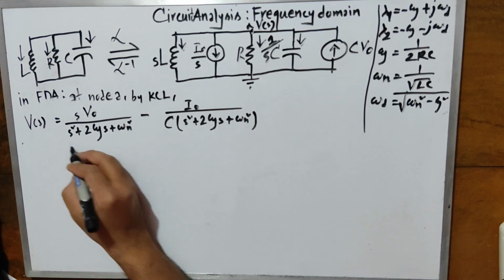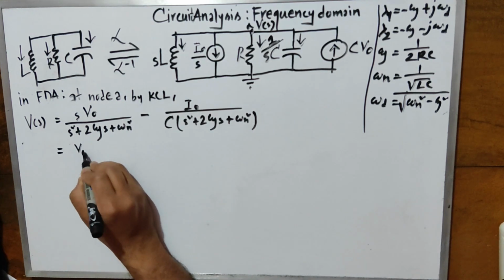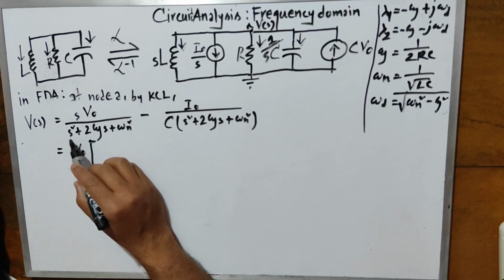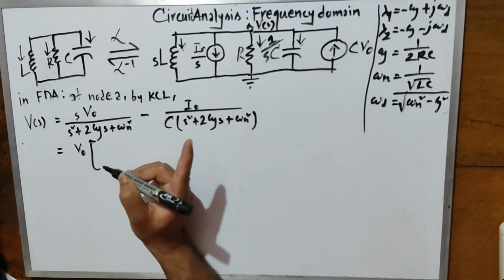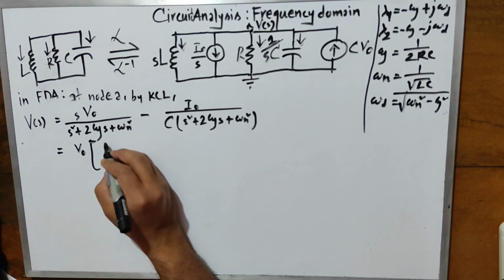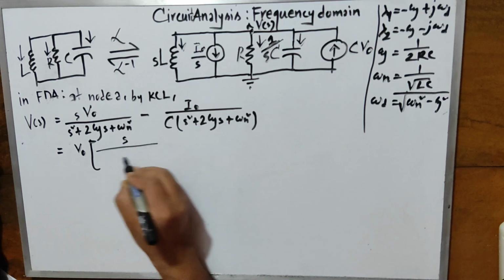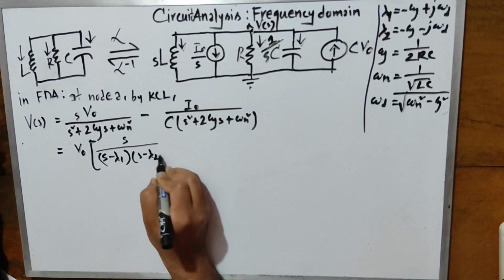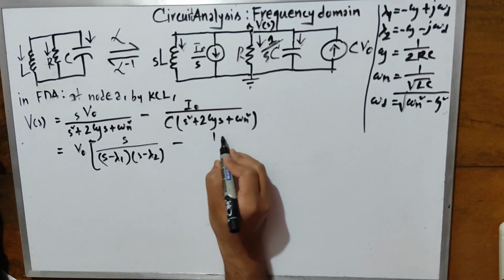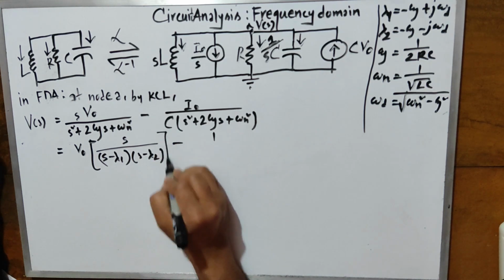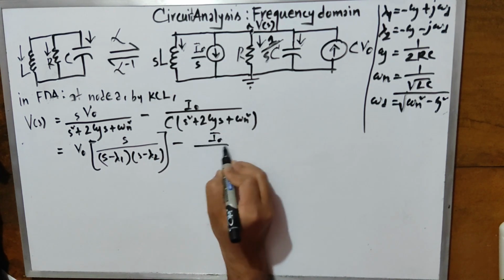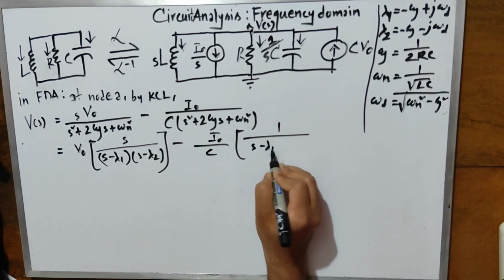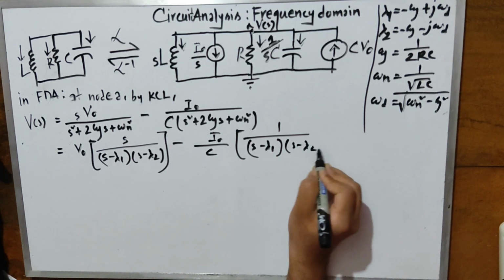Now I'm just going to factorize this. So V O, I'm going to write this in factorized form now. So s by s minus lambda 1 into s minus lambda 2 minus I O by C into 1 by s minus lambda 1 s minus lambda 2.